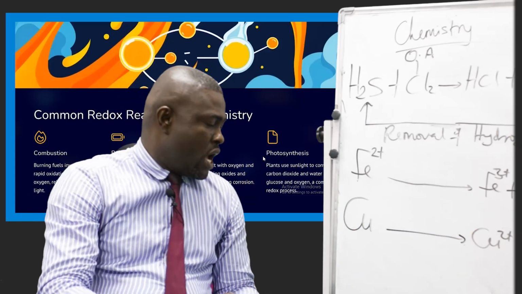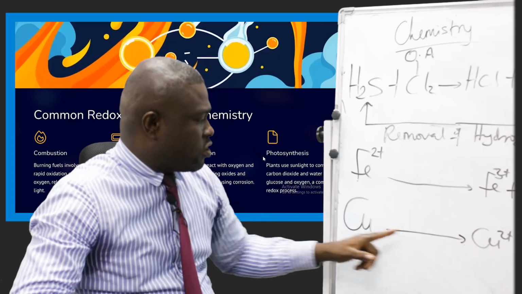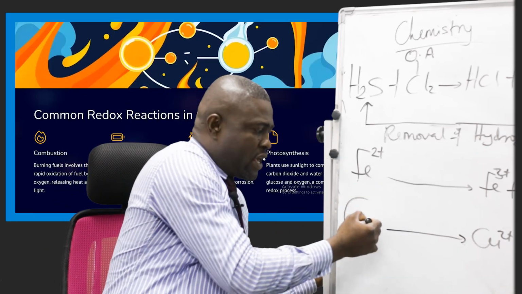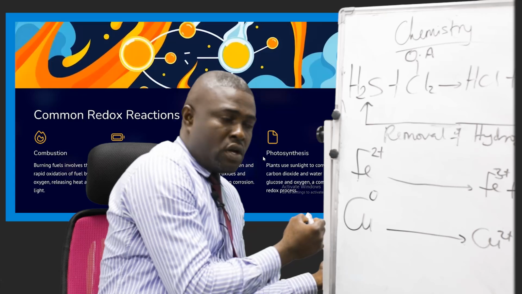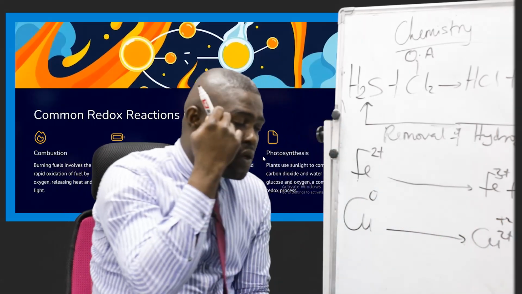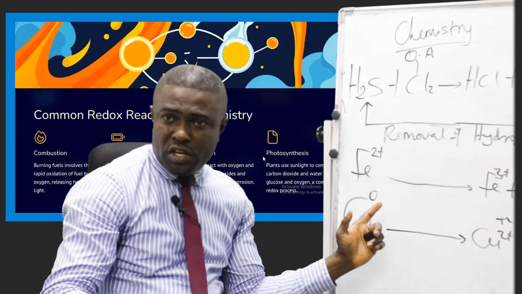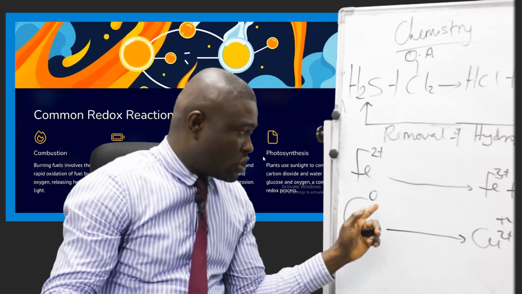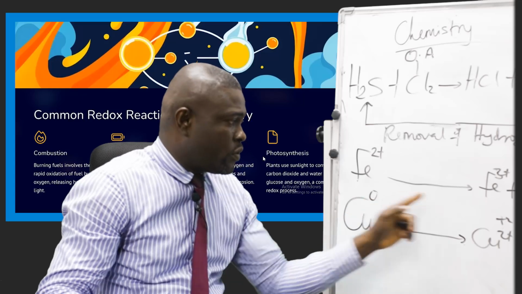Watch the arrow. How do we look at the oxidation number? The oxidation number of copper here without any charge is 0, while the oxidation number of copper here is +2. Is it an increment or decrement? It's an increment. The oxidation number increased from 0 to +2.